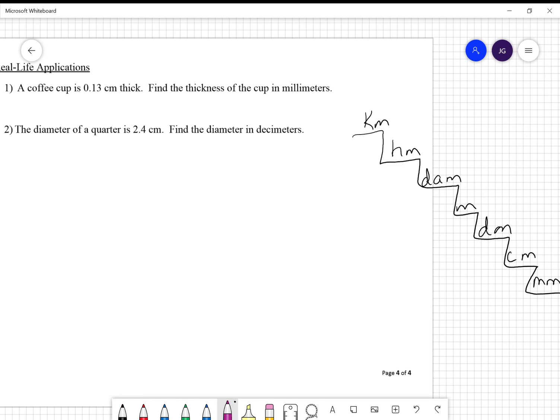I'm starting at centimeters and I'm going to millimeters. I'm going down 1 step. 0.13 times 10 to the 1st power is 1.3 millimeters.